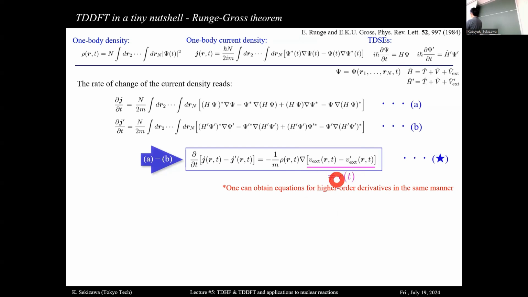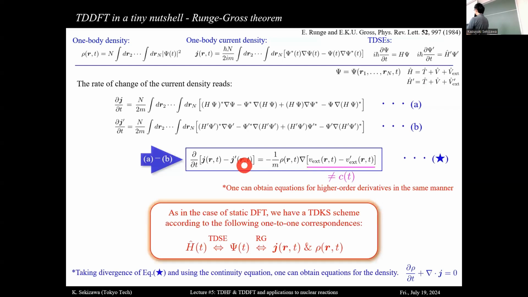It means that if the external potentials are different, then the time derivative of the difference of current densities is non-zero. So it shows the one-to-one correspondence between the external potential and the current density.